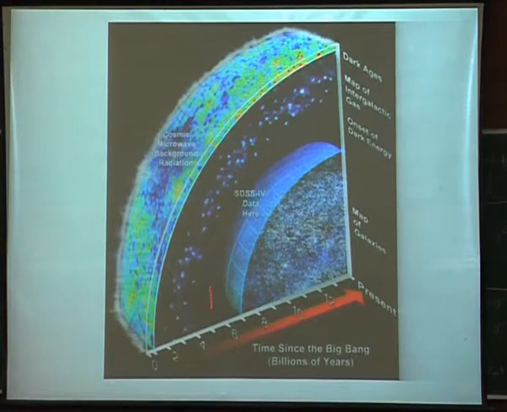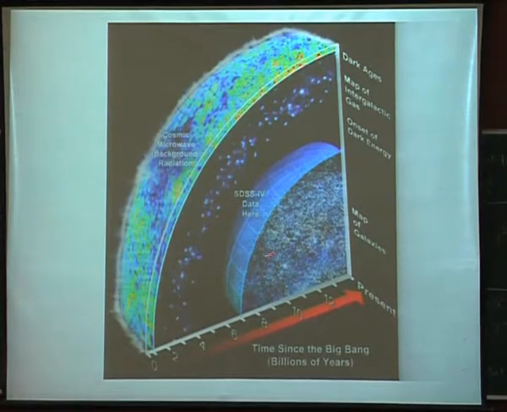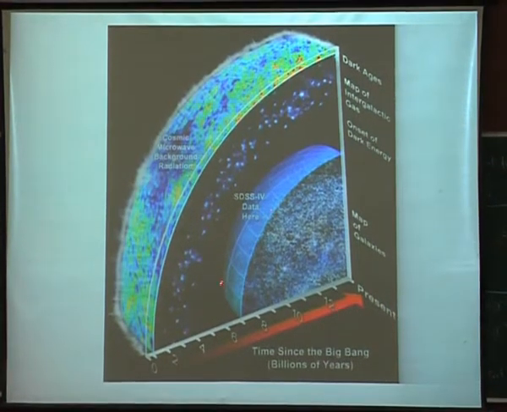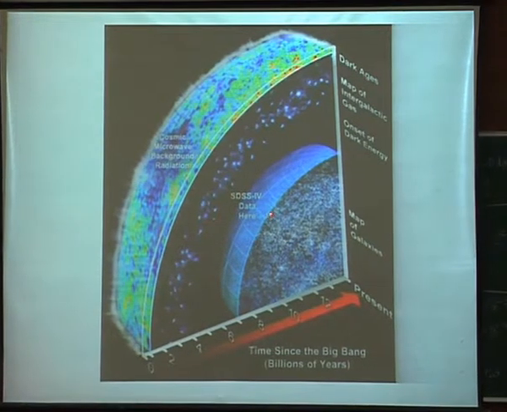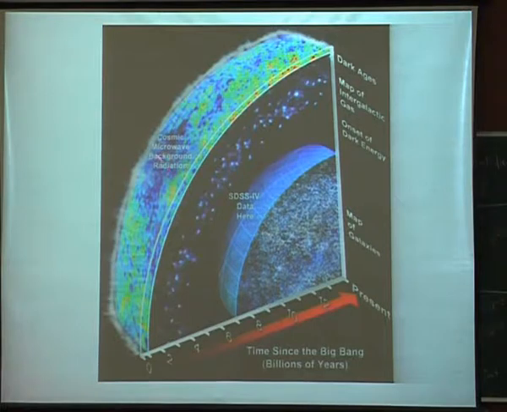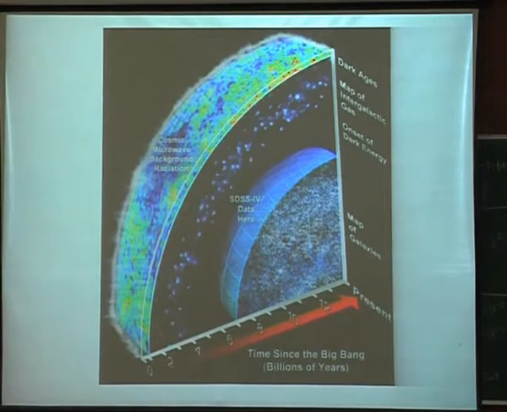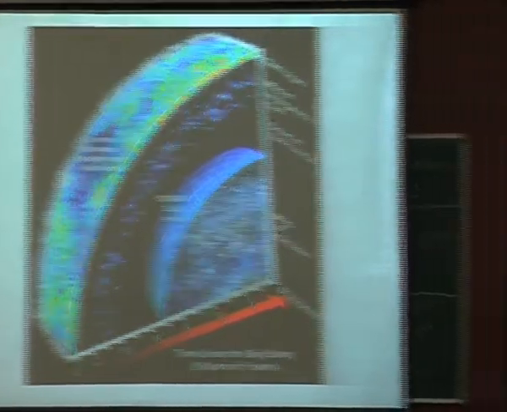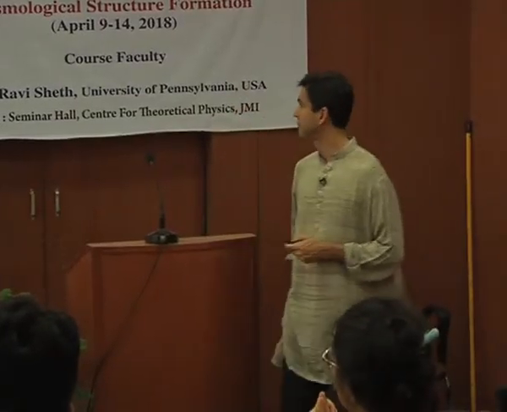Sloan 4 is somewhere out here. Dark Energy Survey is pushing around here also. And this is roughly redshift of 1. And redshift 1.5 is roughly halfway to the last scattering surface. So the mapping is not linear in distance.